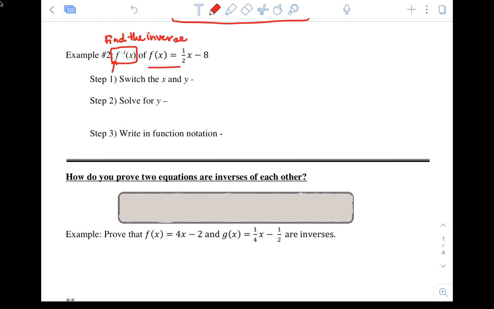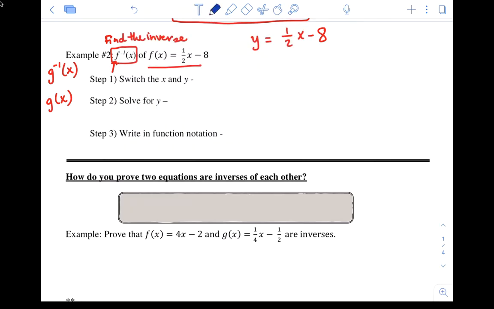It's also the only one that I have. But if it said g to the negative 1 of x, then I would take whatever the g function is, and I would find its inverse. So, realizing that f of x is a fancy way to write y equals 1/2 x minus 8.